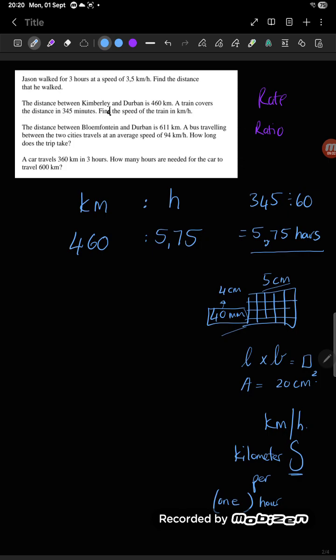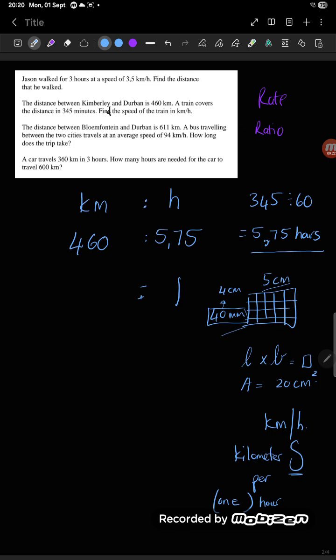So how many lots of kilometers do I do per 1 hour? And so I've got to take this ratio down to something in 1 hour. How many kilometers do I travel in 1 hour? And that's the real question they're asking with a question like this.